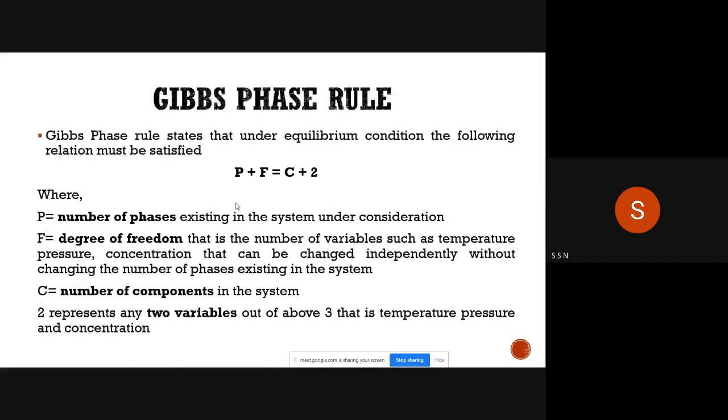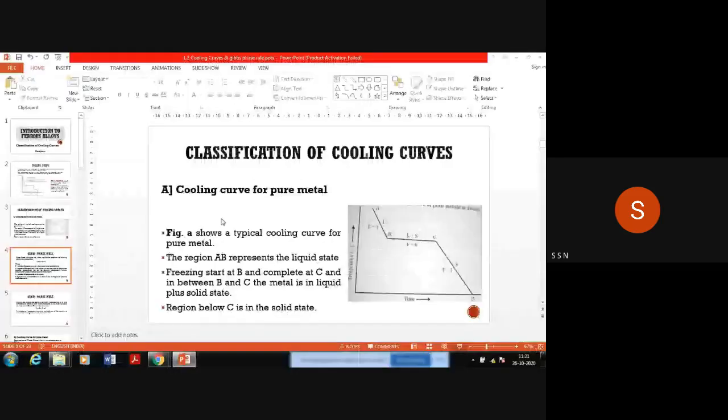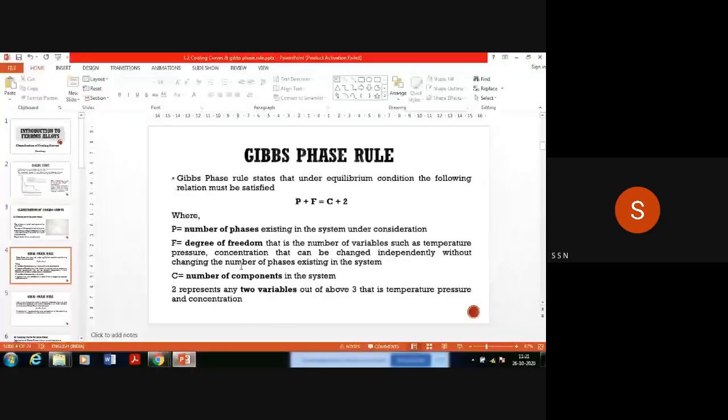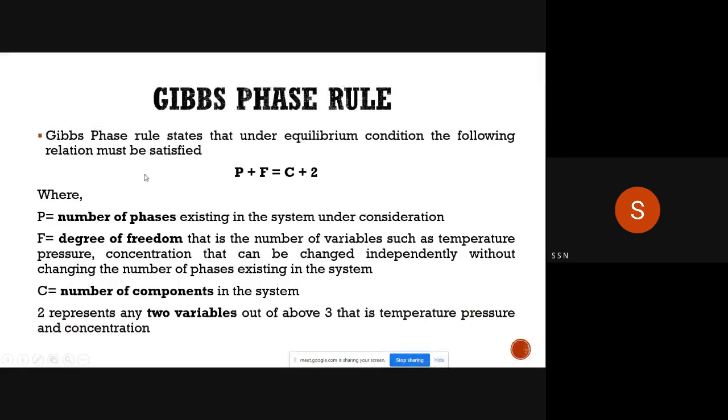We need to apply here one Gibbs phase rule so that we can get some parameters, such as number of phases, degrees of freedom, number of components in the system. Any of these things which is unknown, we can get by this Gibbs phase rule. Before applying it, we need to understand what the Gibbs phase rule is.